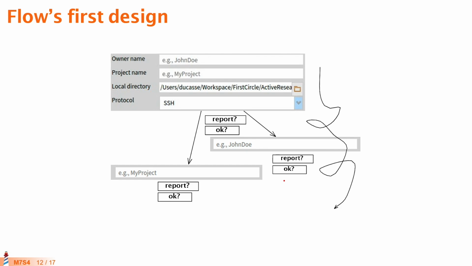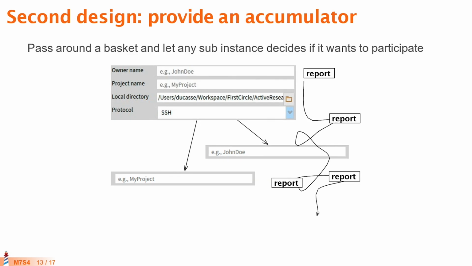Is it okay? Give me a report. And now we could also have another design, which is, okay, I will navigate the element structure and pass a basket. That is basically, I say, hey, if you have a report, please add it to this basket.